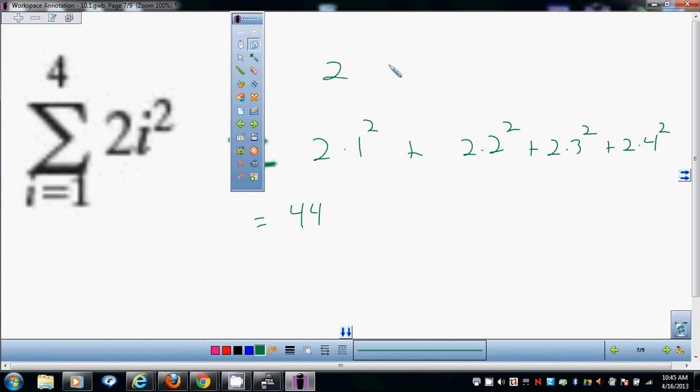Okay, let's look at it. 2 times 1 is 2. 2 times 4 is 8. 2 times 8 is 16. 2 times 16 is 32. So this would be 60.